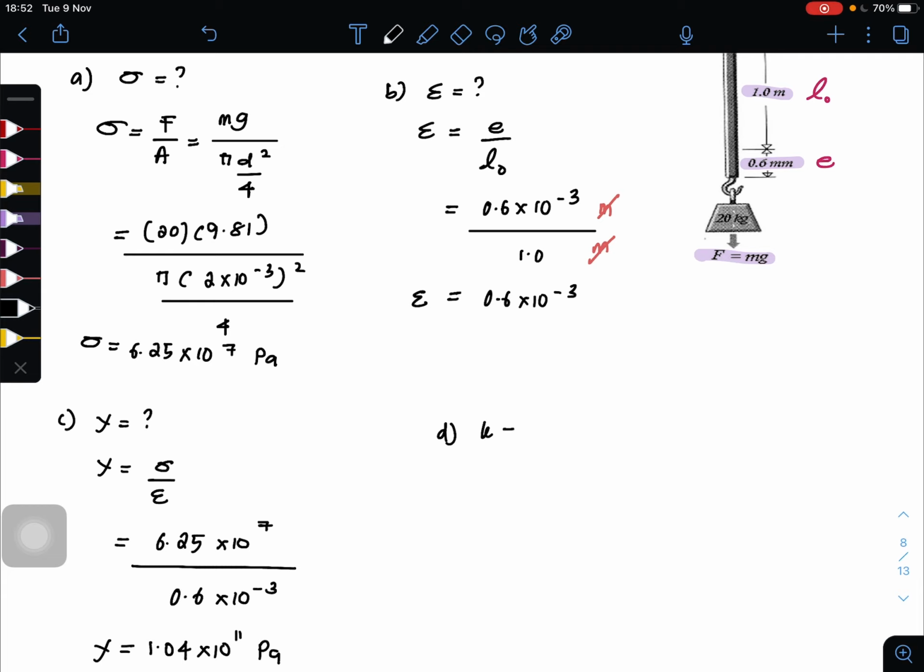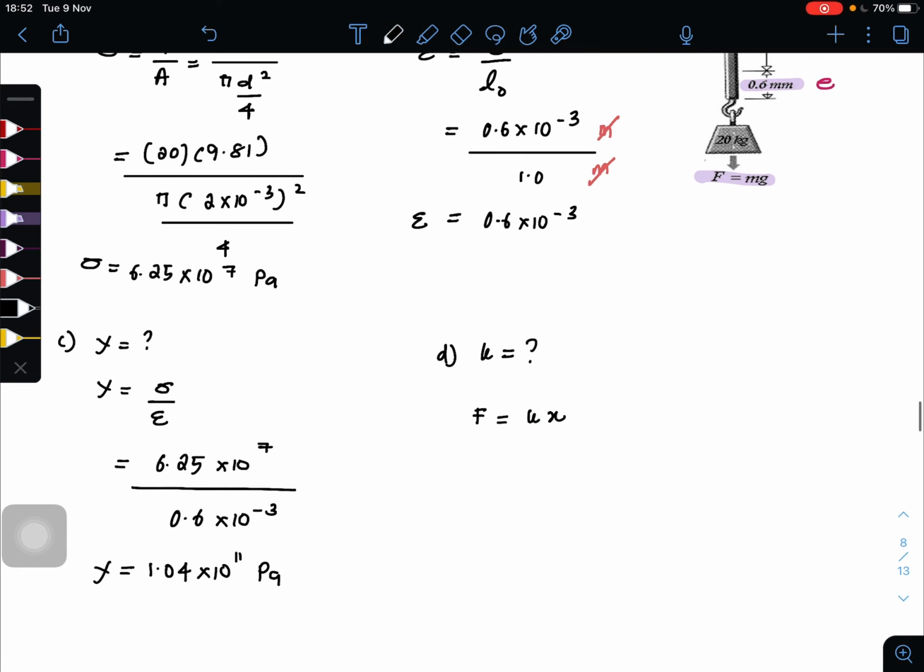Force constant, which is the value for K. So value for K kita boleh dapatkan daripada formula Hooke's law, di mana F sama dengan Kx. Force is equal to force constant times X. X adalah the elongation. So elongation is still the same. Okay, force tadi adalah sama dengan mg.